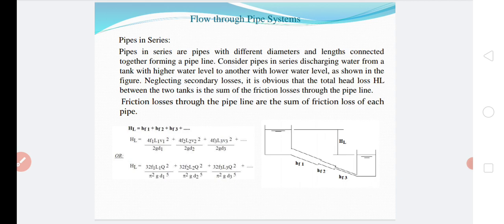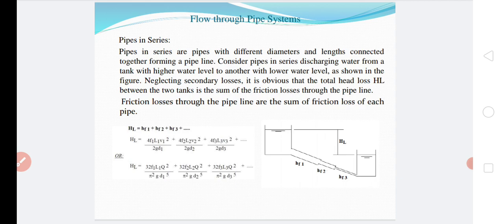Neglecting secondary losses, it is obvious that the total head loss HL between the two tanks is the sum of the friction losses through the pipeline. The friction losses through the pipeline are the sum of the friction loss of each pipe, that is HL equals HF1 plus HF2 plus HF3.